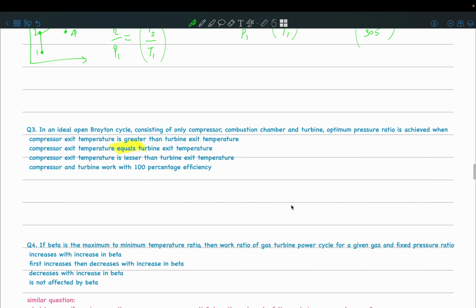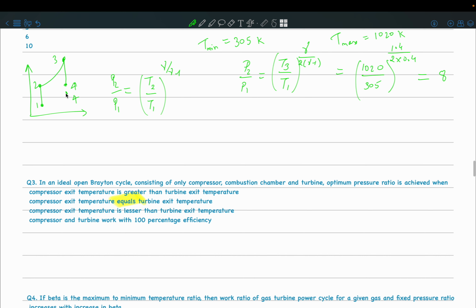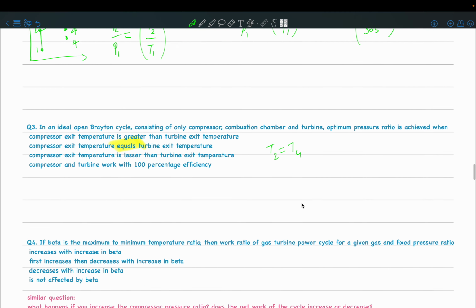Now what happens if, let us assume, T4 was much lower, say you were letting it exhaust till lower temperatures? Then the work given by the turbine is much more, isn't it? And you're not utilizing that much in the compressor, so some extra work is being produced which is going waste. So the most optimum situation would be when T2 is equal to T4. Okay, so that's the answer in this case.